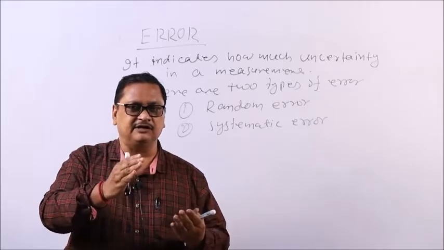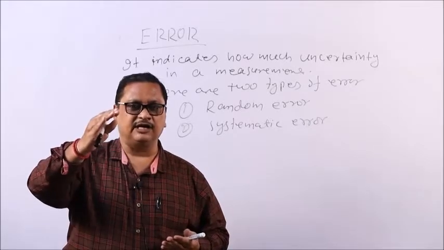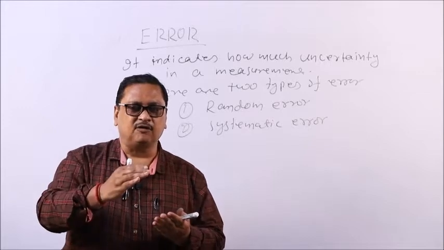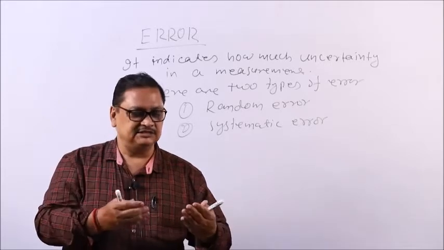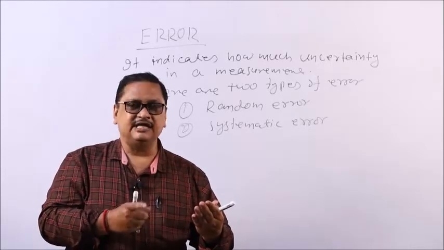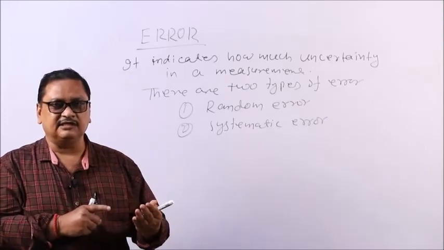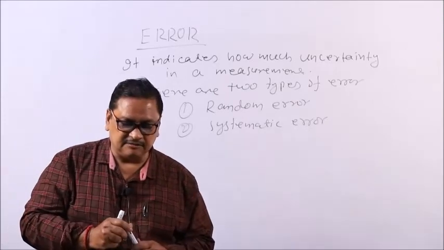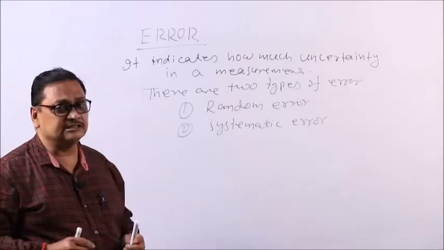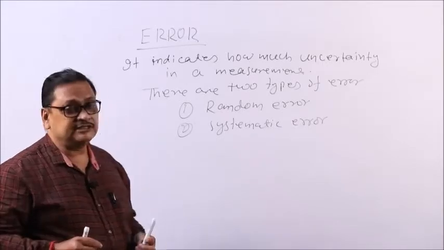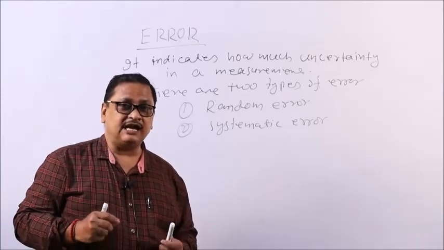It is bent, vertically elongated or horizontally compressed, such type of image you will see. That means there is an error in that mirror, that error is known as parallax error. And another is gross error. Gross error means error due to carelessness.